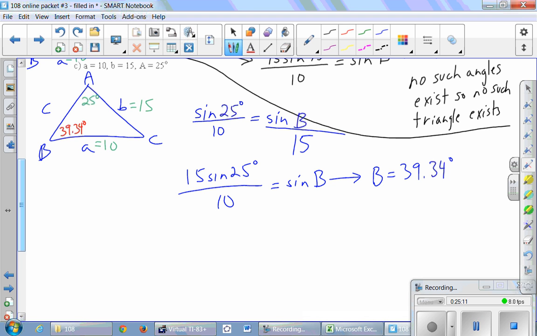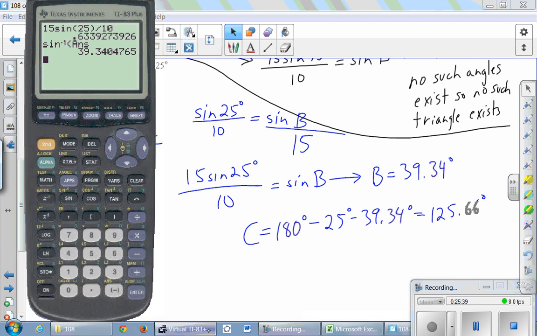That means we could figure out the missing angle, angle C, because we know it's 180 degrees total. Okay, so what do we have here? That looks like 54 and change, so 125 and change, maybe.